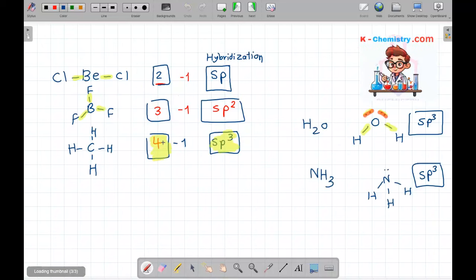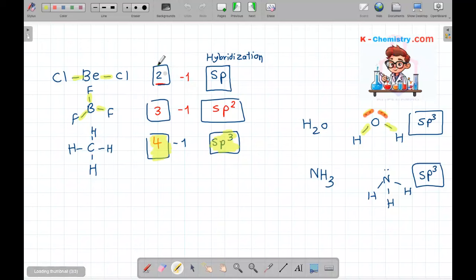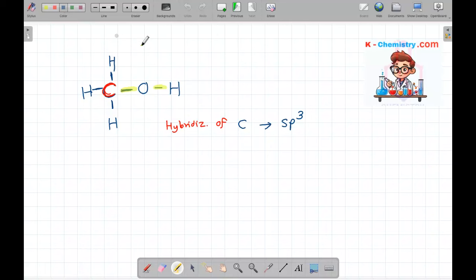If you have four things, you have sp3. So it has an sp3 hybridization. What about the oxygen? The oxygen has two pairs around it only, 1, 2, and you said if you have two, then it is an sp hybridization. So the hybridization of carbon is sp3, of oxygen it is sp.